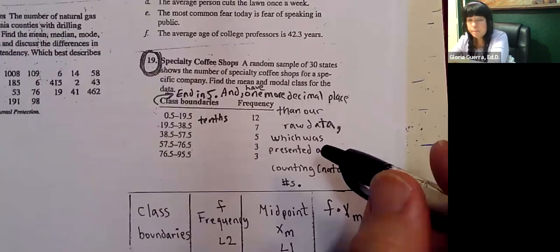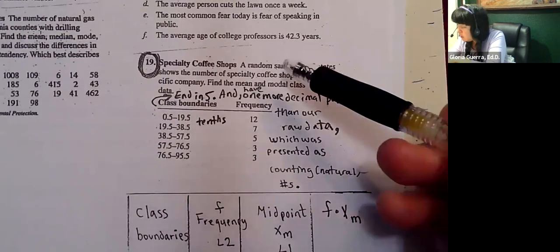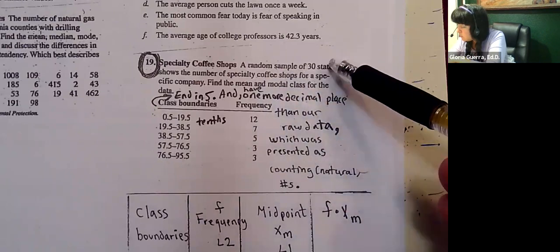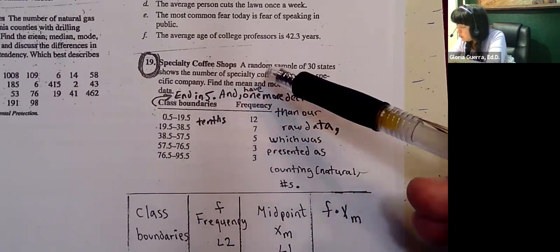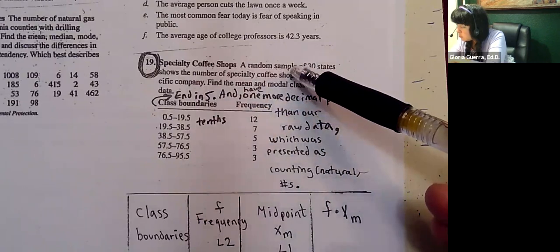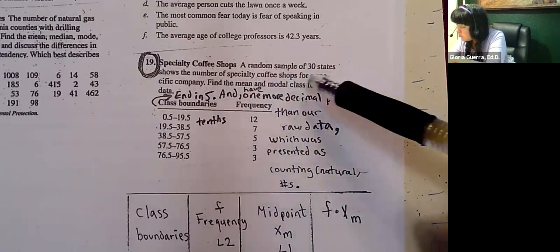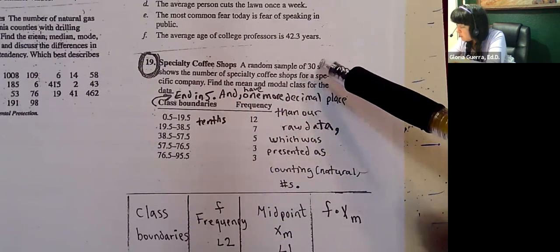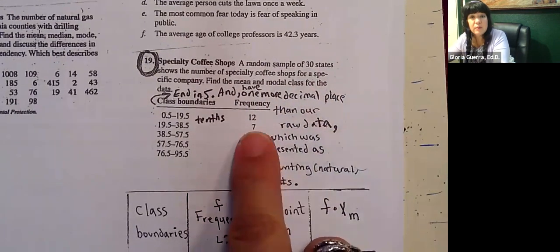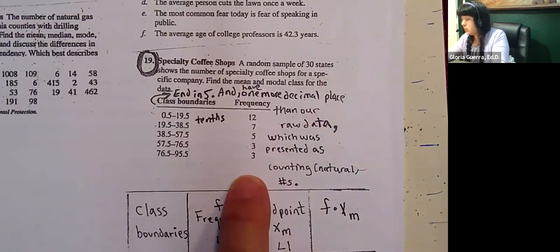Okay. Let's see. So, specialty coffee shop. A random sample of 30 states shows the number of specialty shops for a specific company. Find the mean and find the modal class. If I add these up, I bet that would give us 30. So let's double check.